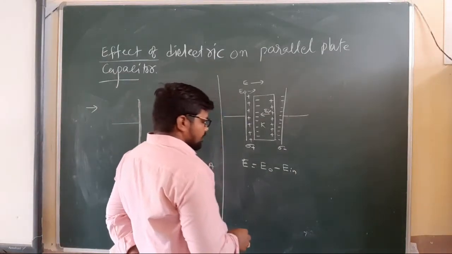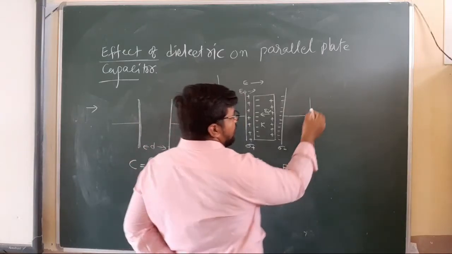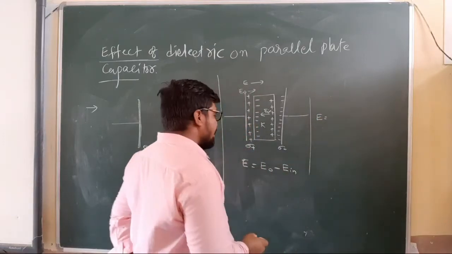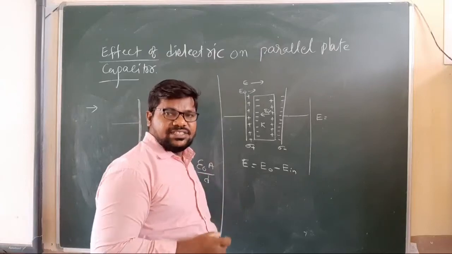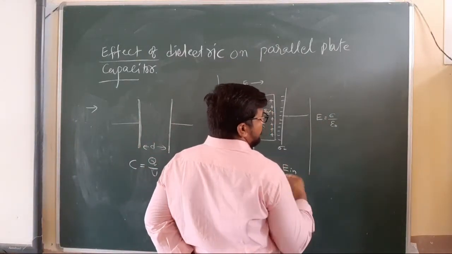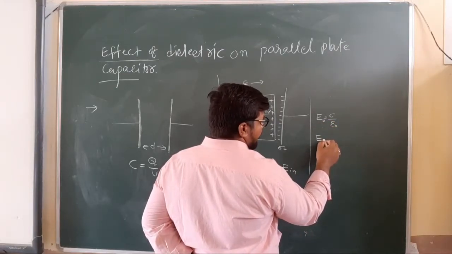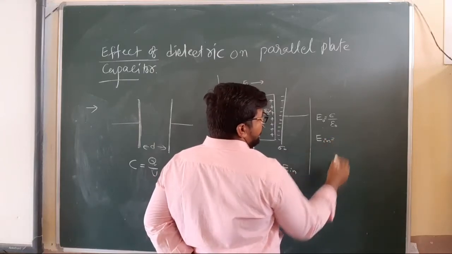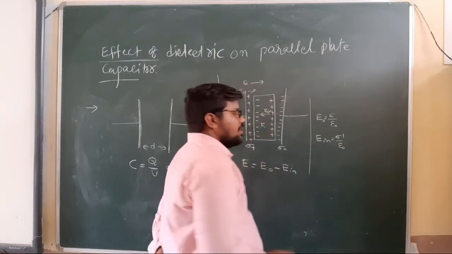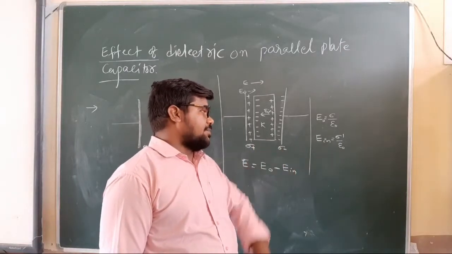Clear, my children? So we know that in the previous case, the electric field intensity of infinite charges is sigma by epsilon naught. Then E naught, then E. What is E inside? E inside is sigma dash by epsilon naught, the surface charge density present in the dielectric medium by epsilon naught.